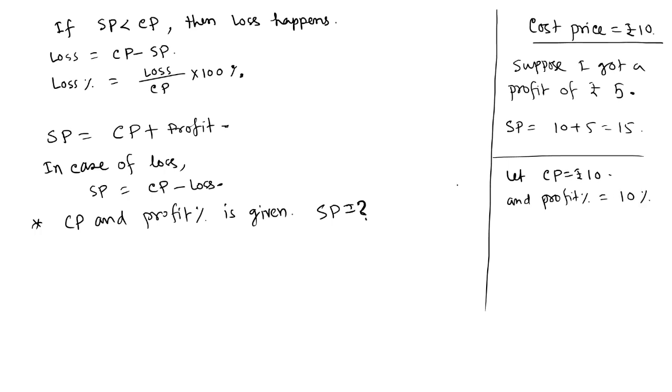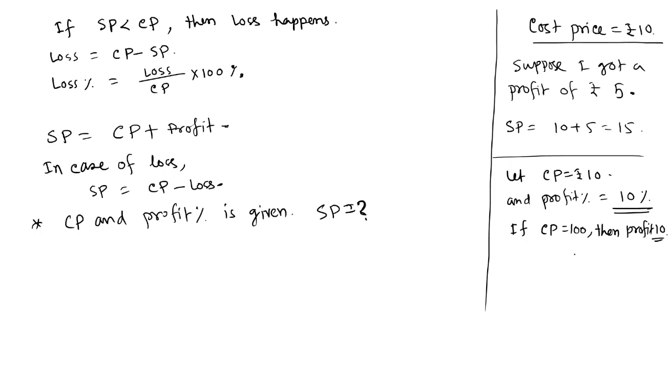So, if the cost price is 100, then I get a 10 rupees profit, but the actual cost price is not 100, it is actually 10. So, if CP equals 100, then profit is 10. That is what the 10% profit tells us, right. Now, the CP is 10.